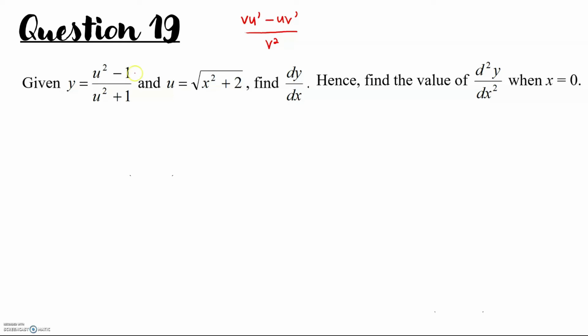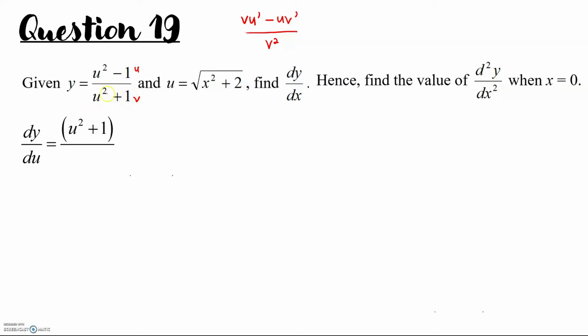Let's say our first function is u and our second function is v. So we use this formula to find out the differentiation.